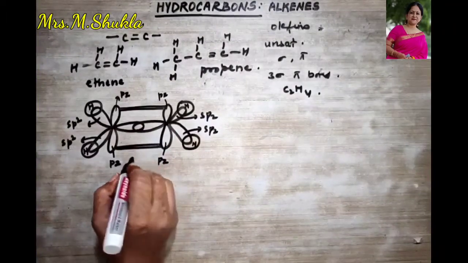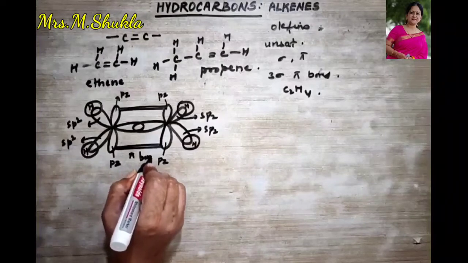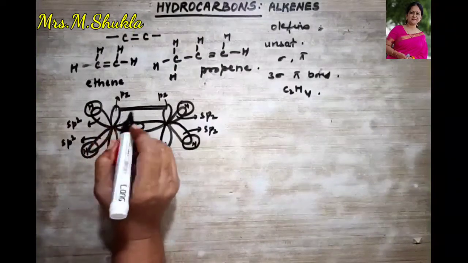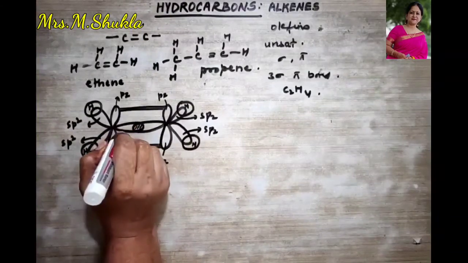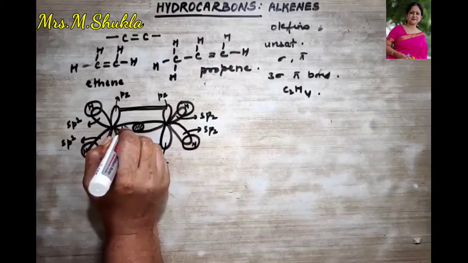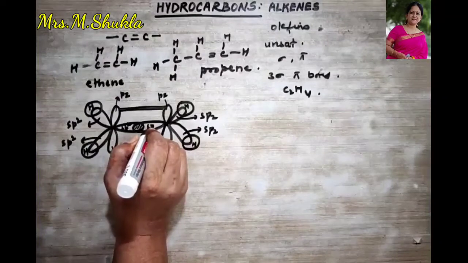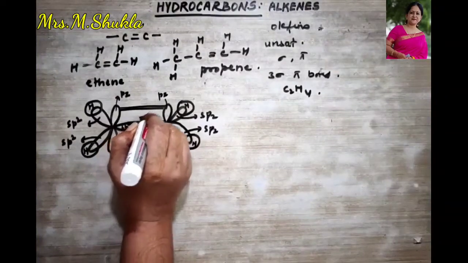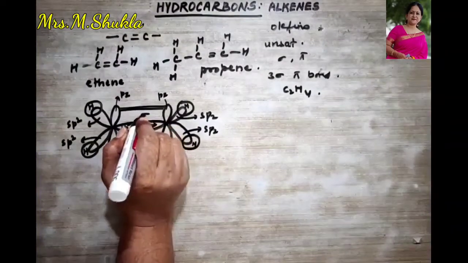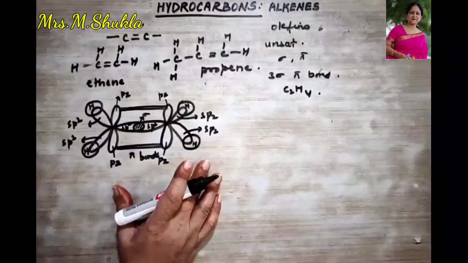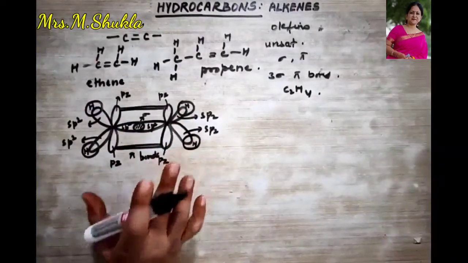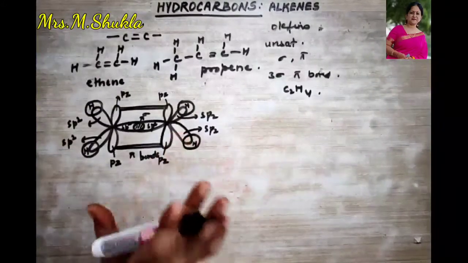We have these pi bonds over here, and this was the bond that I was talking about. They also show sp2 hybridization, and this bond is your sigma bond. Clear? So this is the overlap of the orbitals in the formation of ethene.